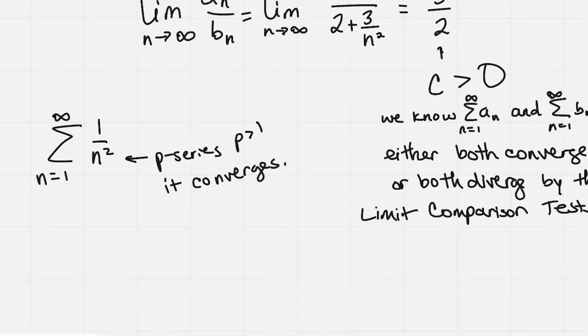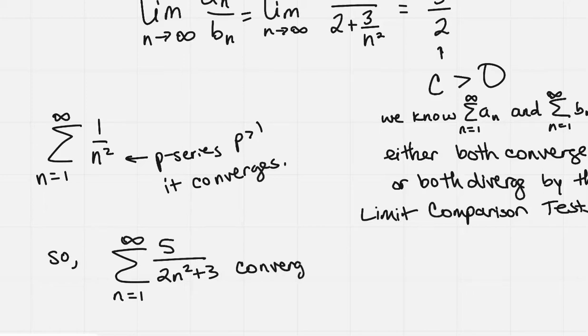So thus, if the series of 1 over n squared, which was our b sub n, converges, we know that the series of 5 over 2n squared plus 3, from n equals 1 to infinity, converges by the limit comparison test.